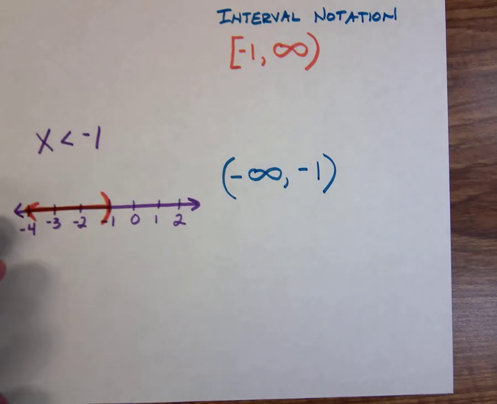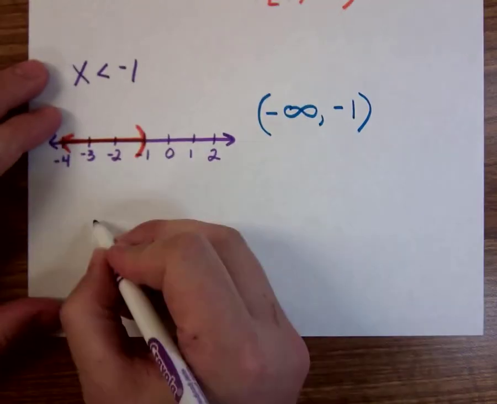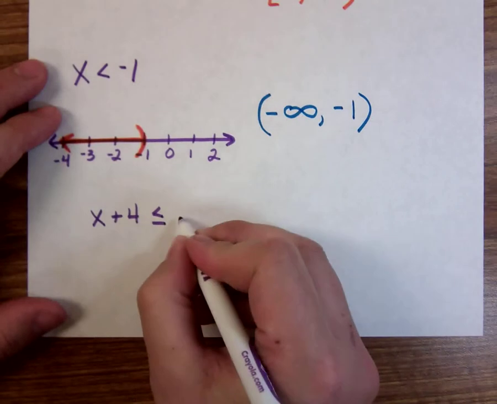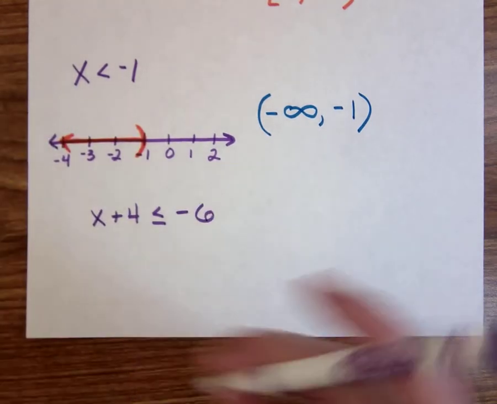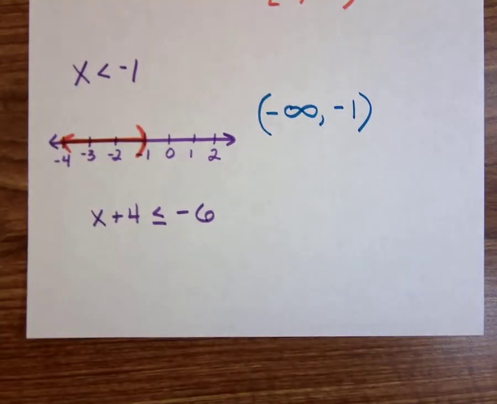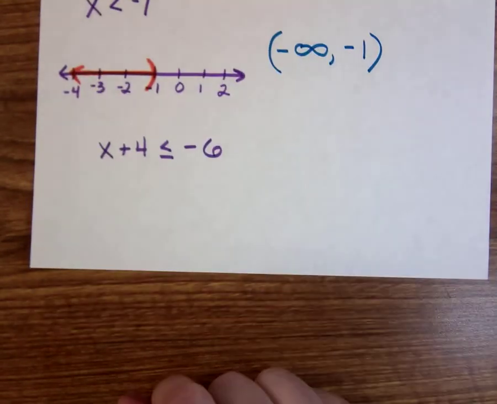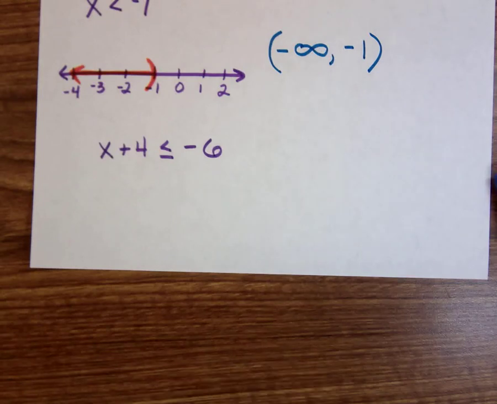Now where these get a little tricky is like this. What if I got to solve it first? Oh, this is not a lot more work. Don't be a whiner.